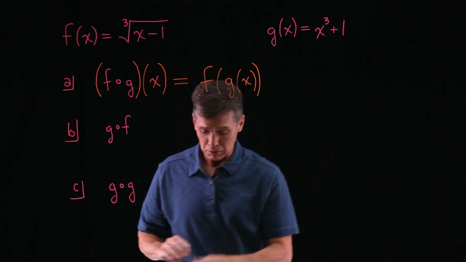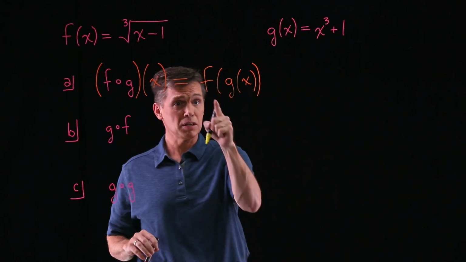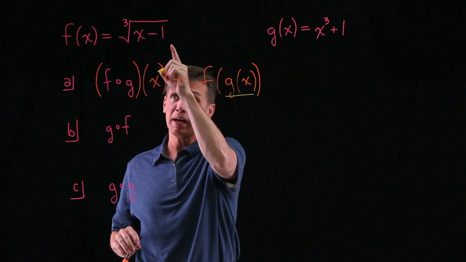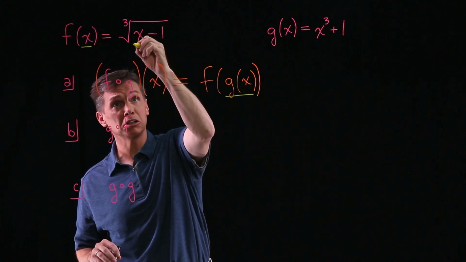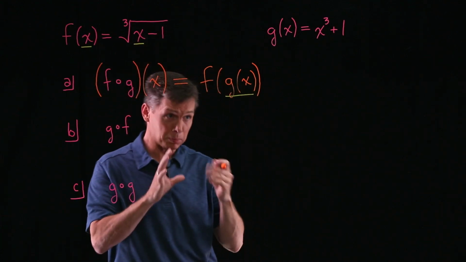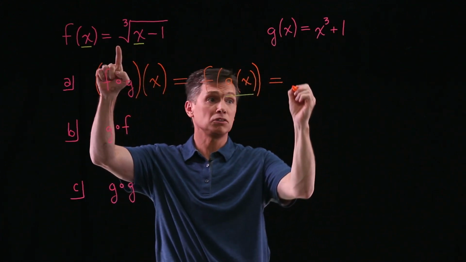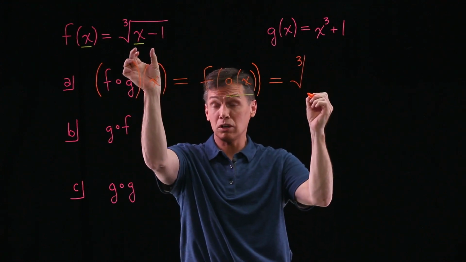From here, what you want to recognize is that this is just function notation. This is f of something. So I go up to my f function, and f of whatever the argument is, I put that argument right there where I see the x. All right? So back to our problem, this equals, my f function starts with a cube root, and then right away is the argument.